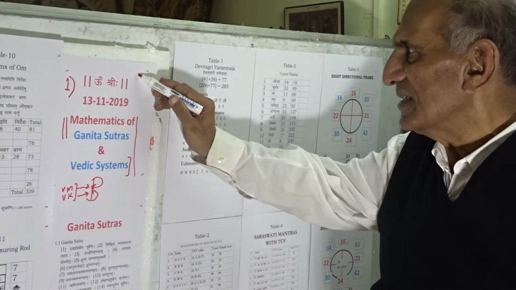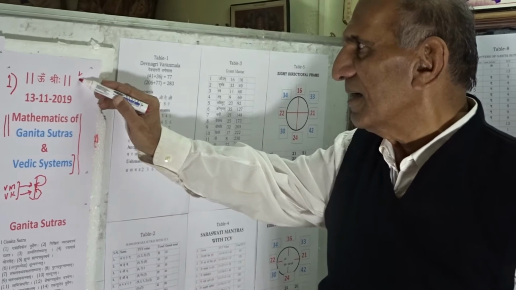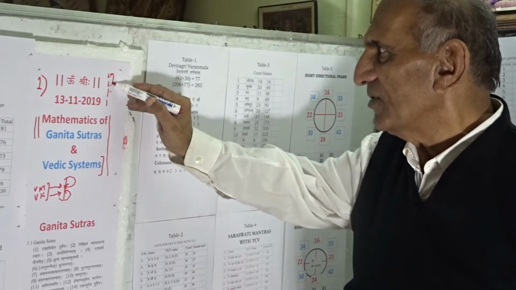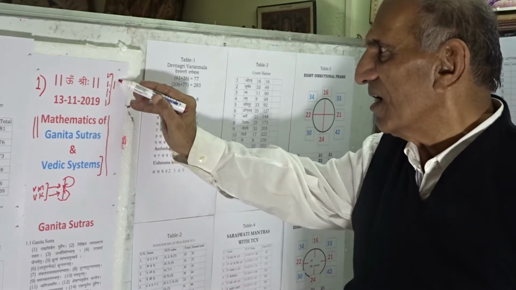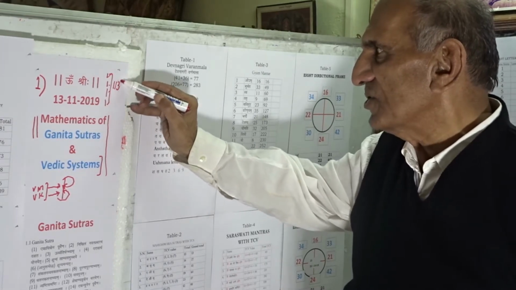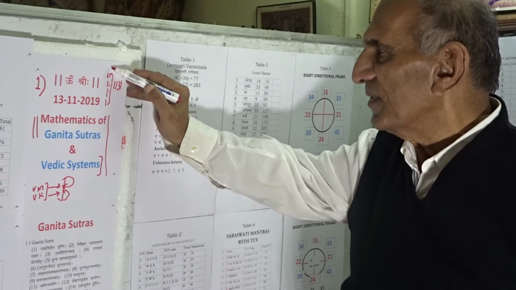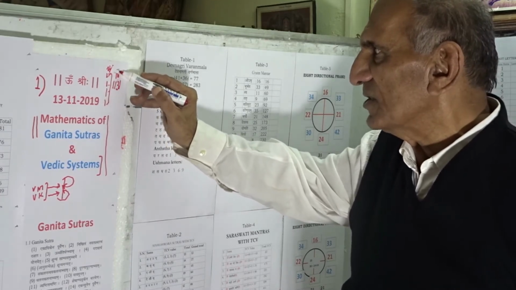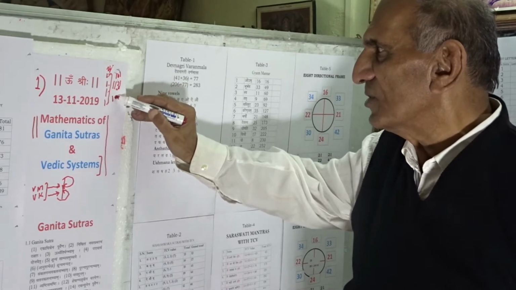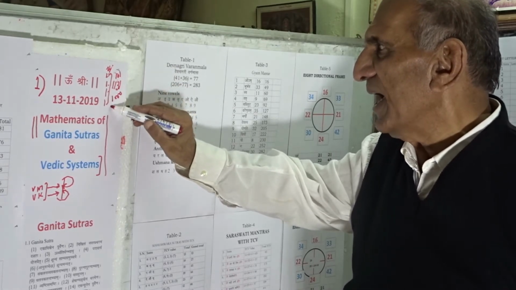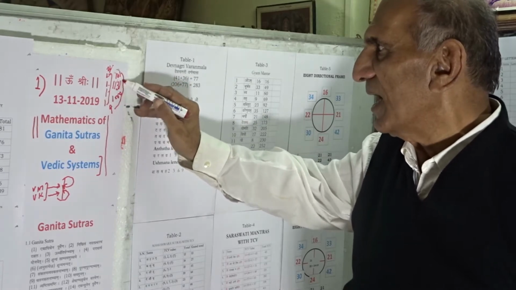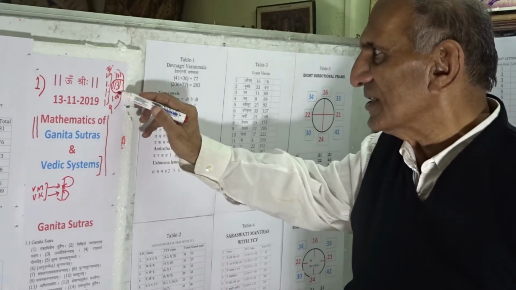Each Veda has a Samhita, Brahmana, Aranyaka and Upanishad, and there are as many as 1131 branches. 21 branches are of Rigveda, 101 branches are of Yajurveda, 1000 branches are of Samaveda, and 9 branches are of Atharvaveda, making in all 1131 branches.